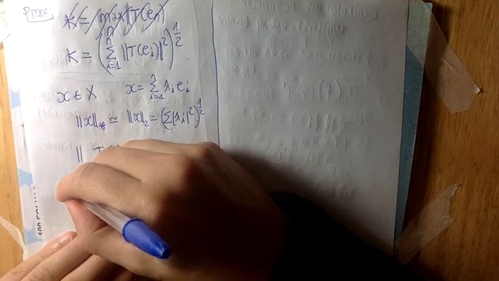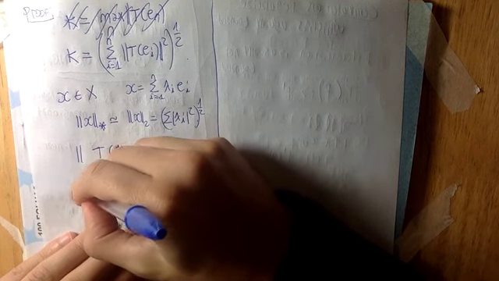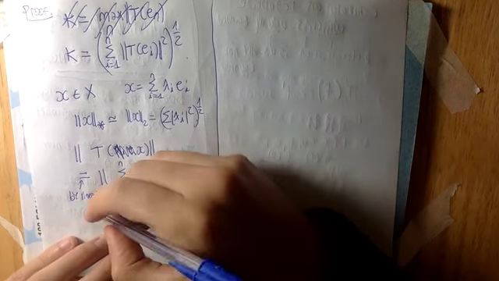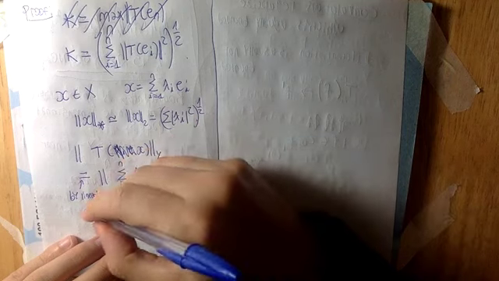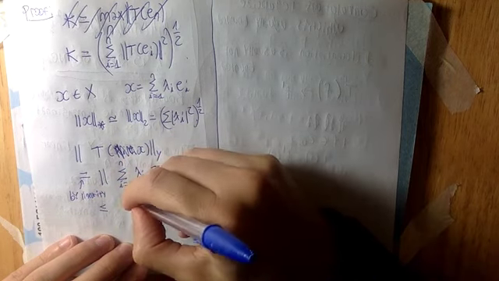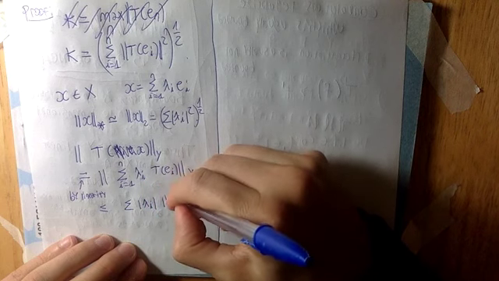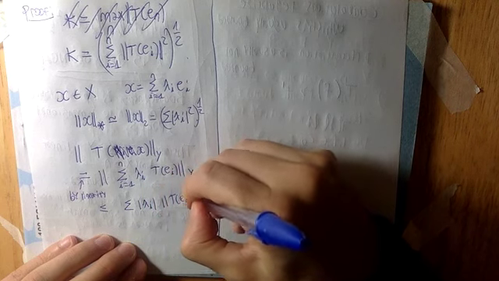This is by linearity. Again, this is the norm in Y. But now, by using the properties of the norm, this is less or equal than the sum of the absolute value of lambda_i times the norm of T e_i.